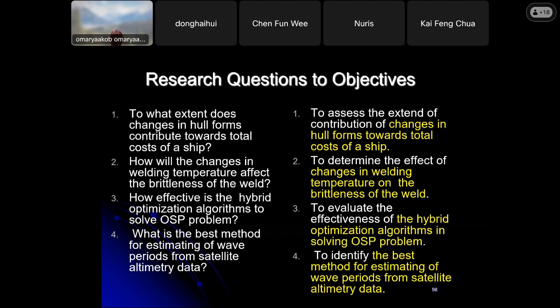Then you become very clear on this. What you seek to achieve becomes very clear. Otherwise, it becomes blur. If you write to assess, to investigate, to study, and so on, it becomes very blur. It's difficult for you to finally make a proper methodology to relate to the objectives.